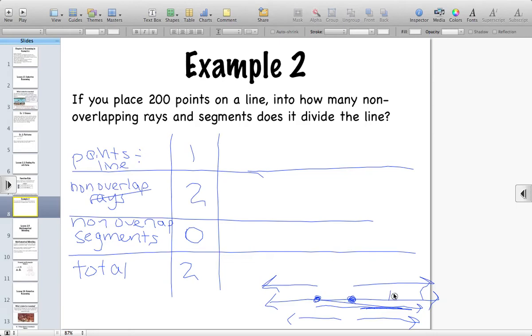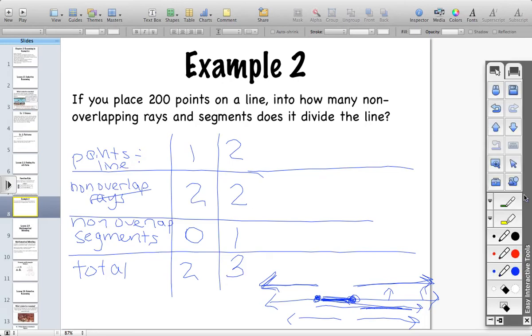It's overlapping with the one that's above it. So we don't want to count that one. So I only have the rays that are coming from the very 2 endpoints. So still just 2 non-overlapping rays. But notice now, since I have 2 points, I have a line segment here in the middle. So I have 1 line segment. So 3 geometric things all together.